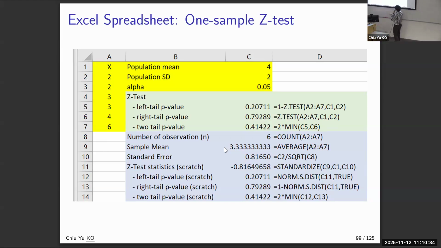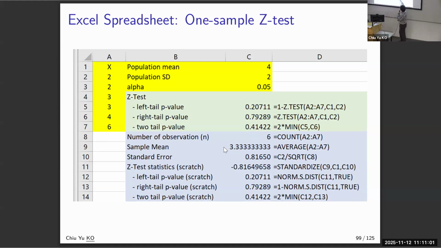And here the blue part is calculating from scratch, telling you how this formula is derived. This formula should not be a surprise to you. Row number eight is n, which is the count. Sample mean is the average. Then the standard error will be the standard deviation divided by root n, because that will be the standard deviation for the sample mean. And then you can calculate the t-test statistic.